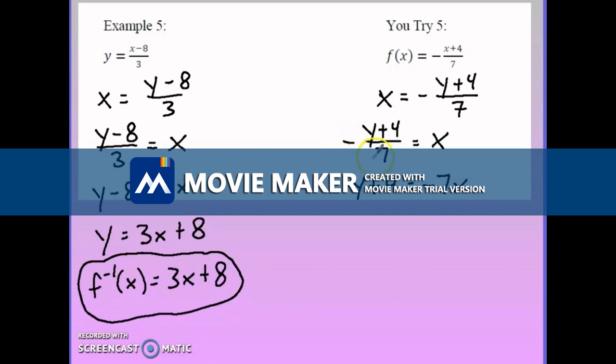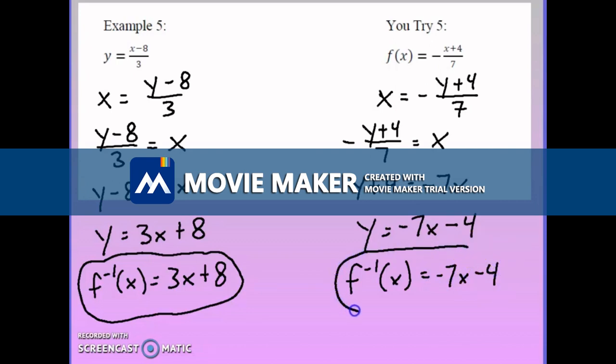Well, you can put it back in the denominator to bring it over. Now you just have to move the 4 over and subtract it, right? So y equals negative 7x minus 4. Or the inverse would be negative 7x minus 4. That's it.